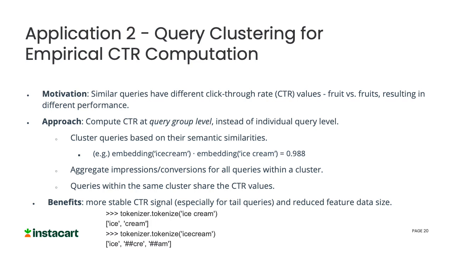We cluster queries based on their semantic similarities, and we aggregate the conversions of all queries in a cluster, and the queries within the same cluster share the same CTR value. If we apply this, we will gain a more stable CTR signal, and we can reduce the feature data size.